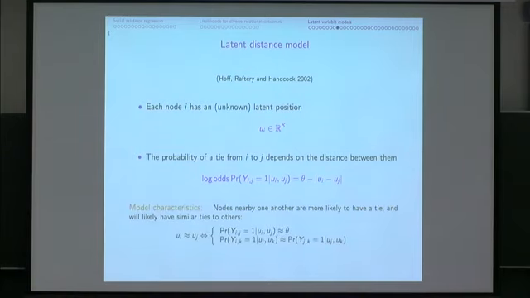Okay, and so what are the characteristics of this model? So if nodes are nearby one another under these latent social positions, that means that they're highly likely to have a tie, right? So if the distance between them is small, it's going to maximize their probability of a tie.